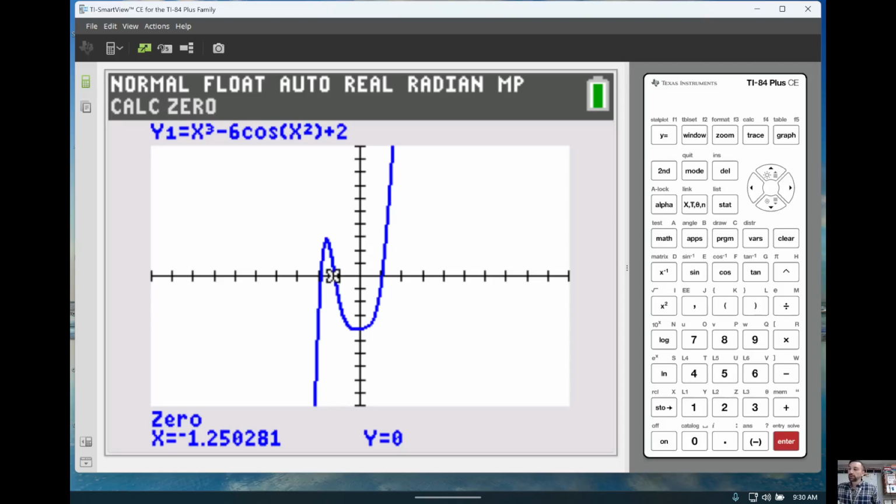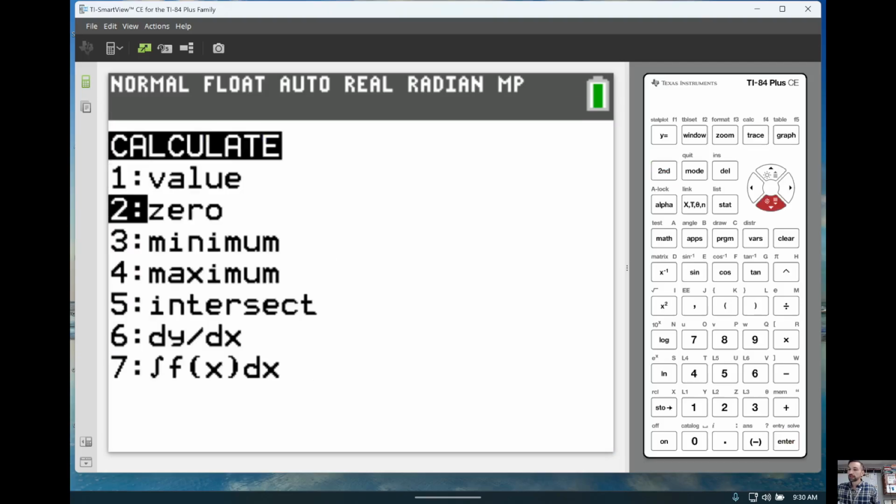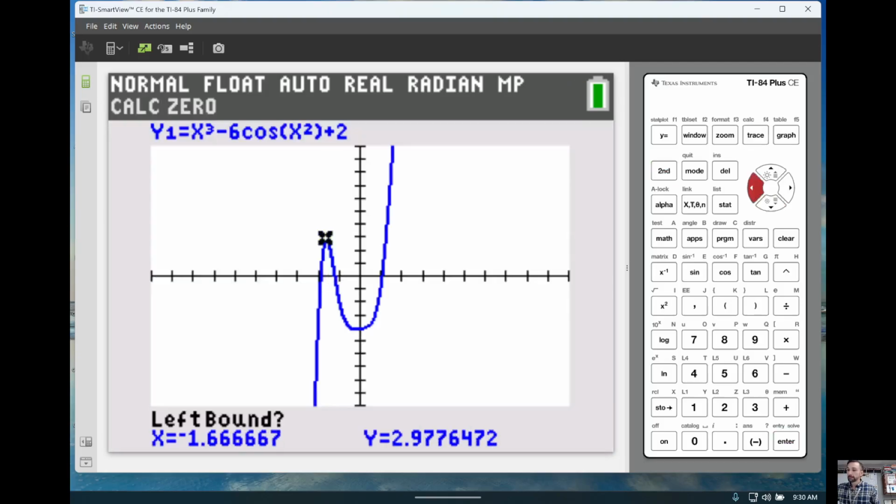And then the third one over here, move the cursor to the left before you hit enter on left bound, move the cursor to the right before you hit enter on right bound, and then you can hit enter to skip guess. Looks like the third one was -1.922.